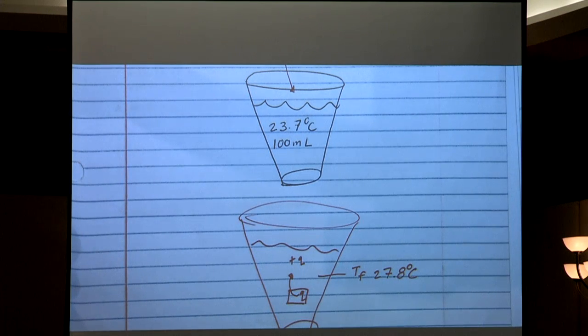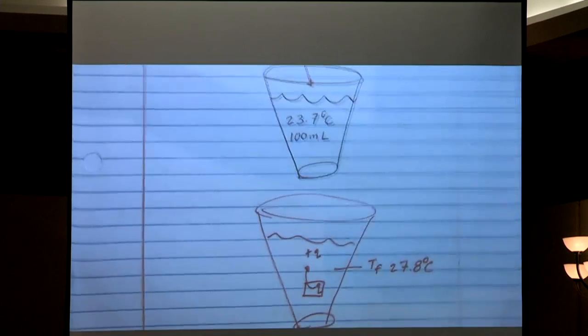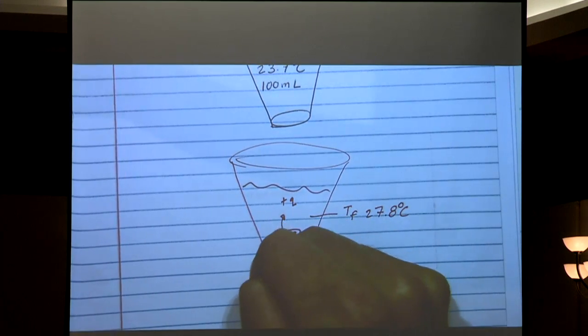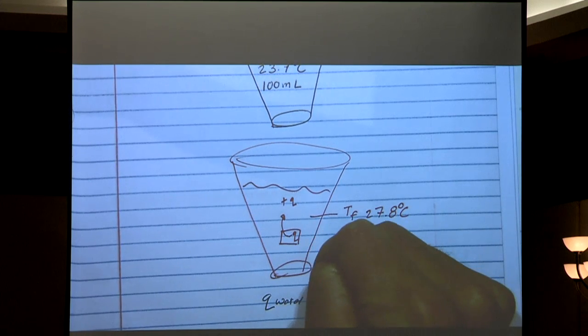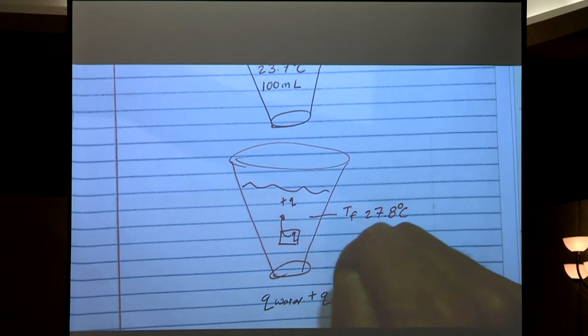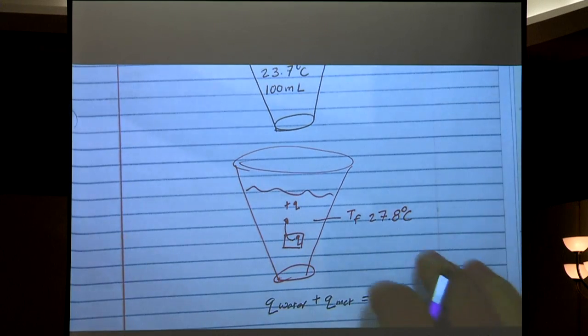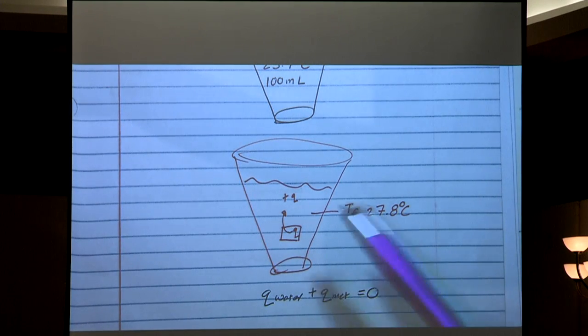Remember, we did the Q for the calorimeter equals the negative Q in the block. The way I like to look at it is Q for the water plus the Q for the metal equals 0, because no heat is lost.